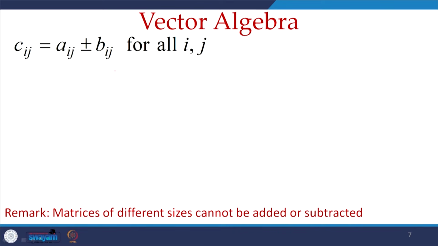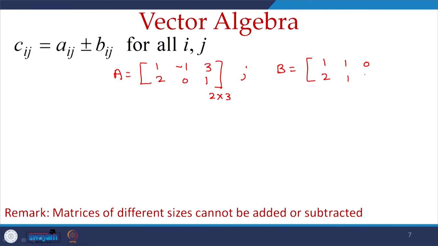So, for example, I take A equals [1, -1, 3; 2, 0, 1], which is a 2 by 3 matrix. I am taking an example of a rectangular matrix. I take B equals [1, 1, 0; 2, 1, 3].